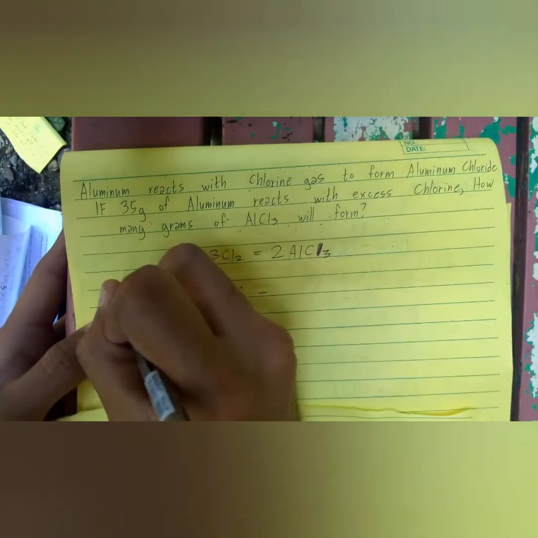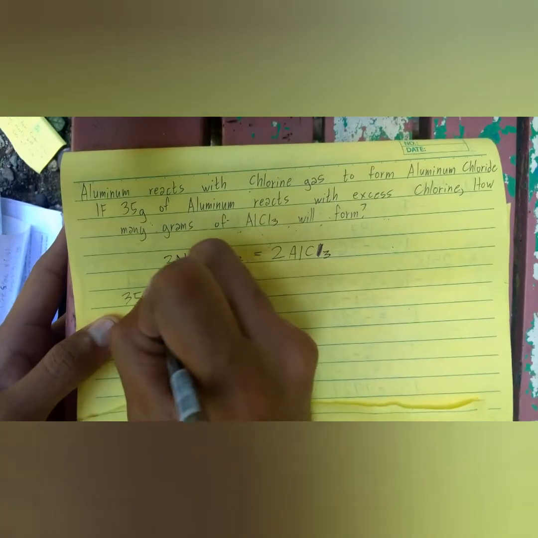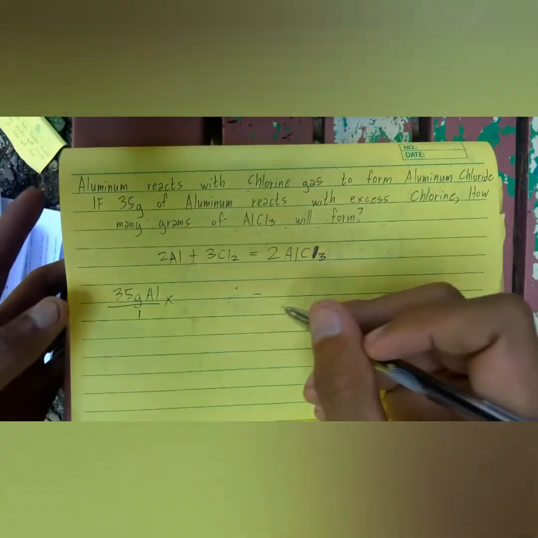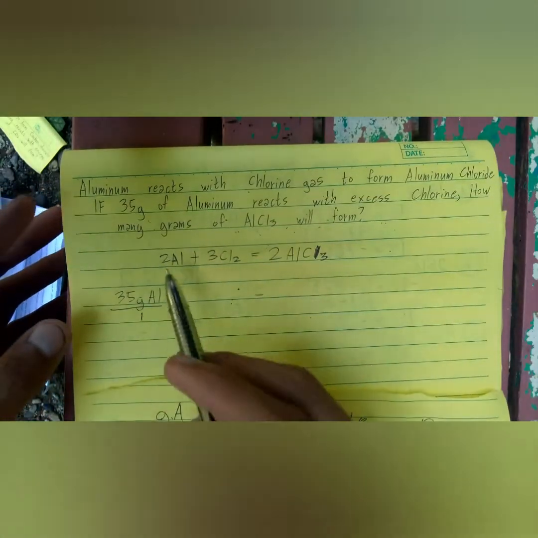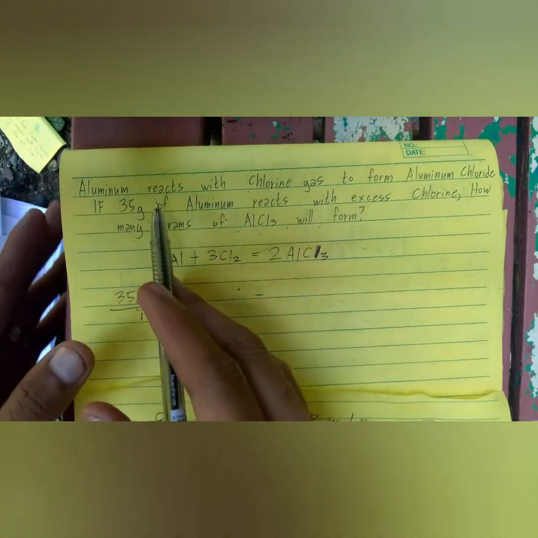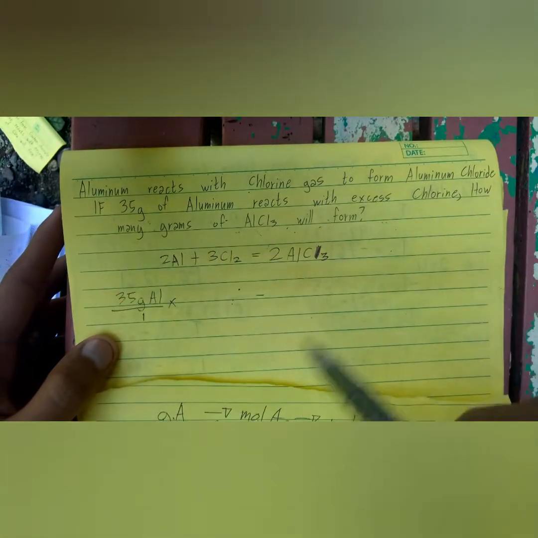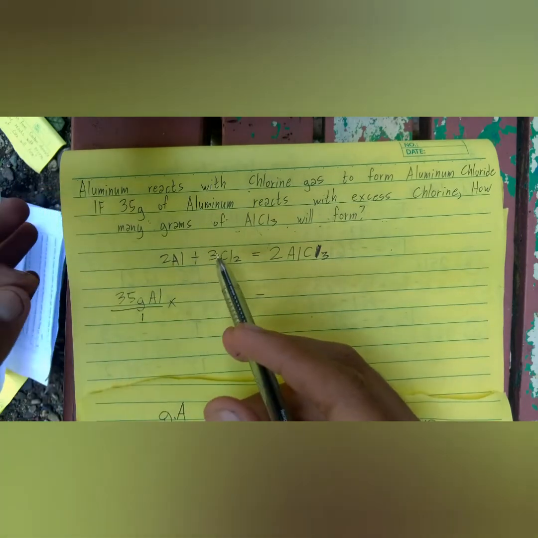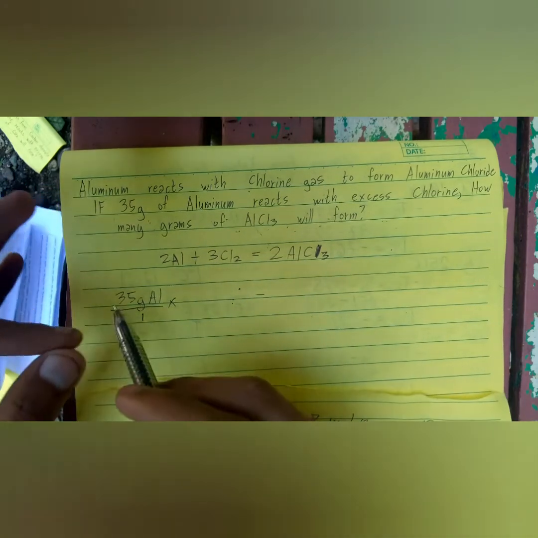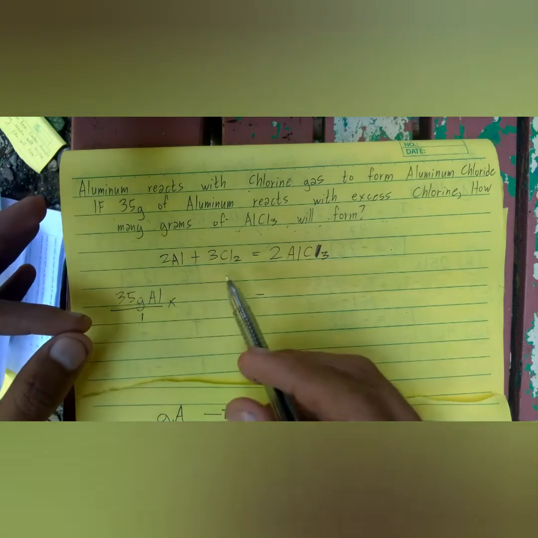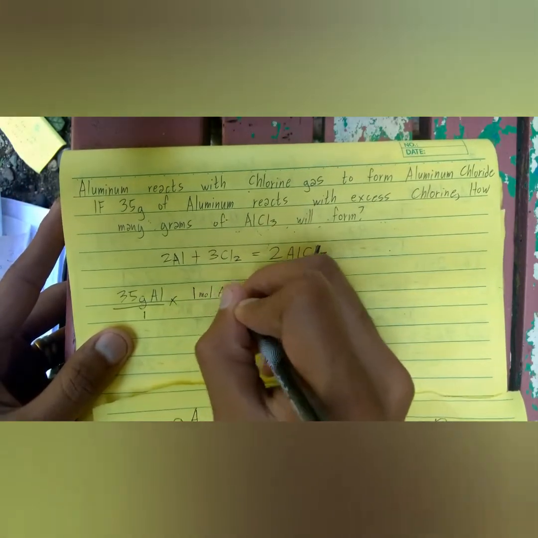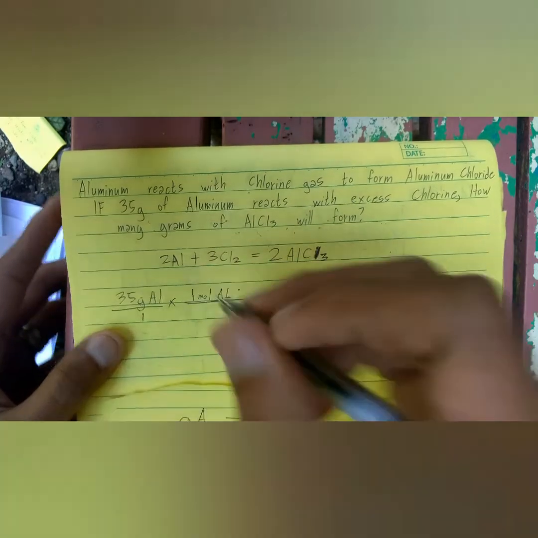So there are 35 grams of aluminum as the reactant. Now, to convert the grams of substance A to the moles of substance A, we're going to find how many grams of aluminum are in a single mole of aluminum. Recall what I said in the previous example.